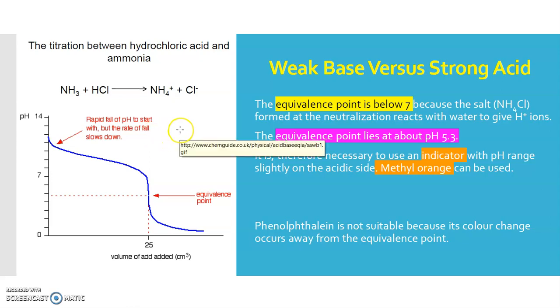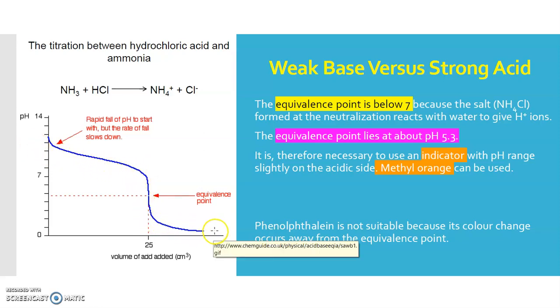The endpoint shows the color change, meanwhile the equivalence point is from the stoichiometric equation. So you need to know about this. Normally the equivalence point lies between 5.3, 5 point something, and maybe 6. The suitable indicator that might be used is methyl orange. Phenolphthalein is not suitable because its color change occurs away from the equivalence point. So this is how you draw the curve.